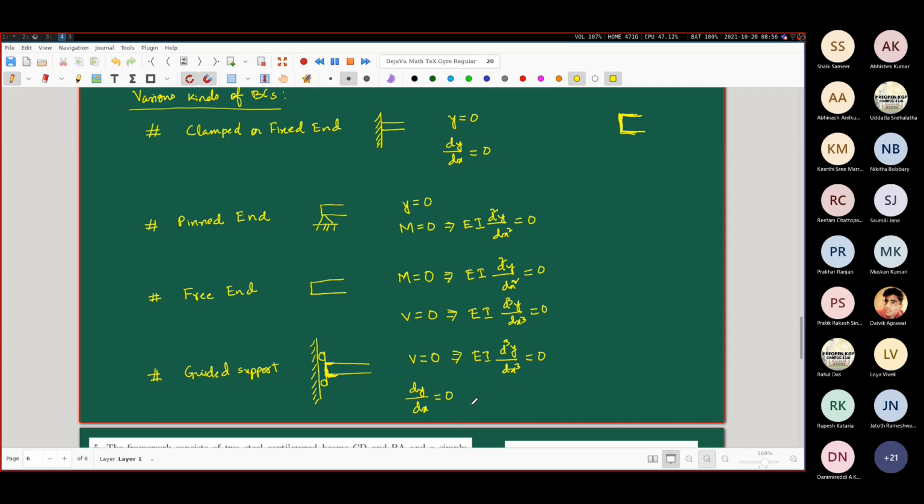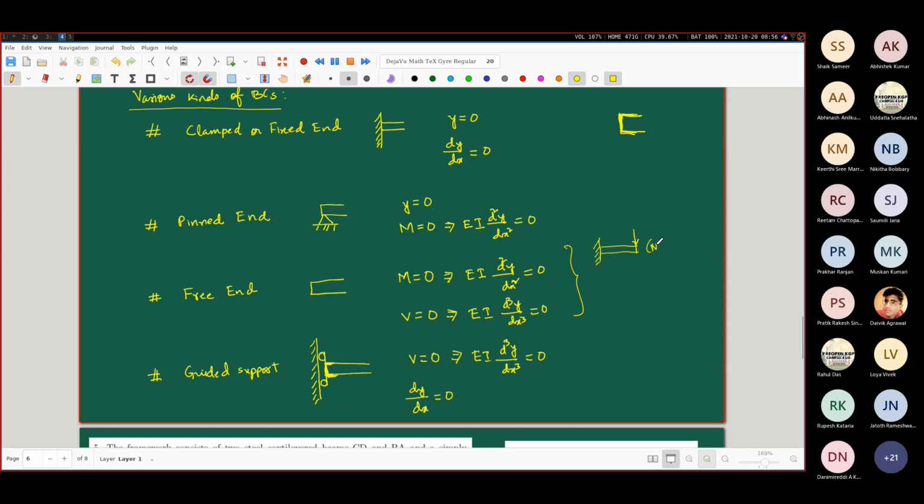Now, I just want to highlight something: this free end can cause a little bit of confusion sometimes. For instance, if you have a cantilever beam like this and you have a tip loading, it may seem that since there is nothing attached to this right end, some of you may erroneously think that this is a free end.